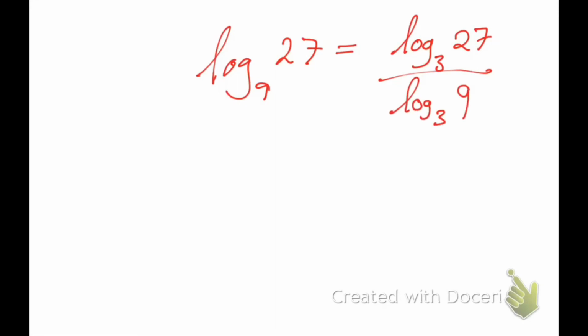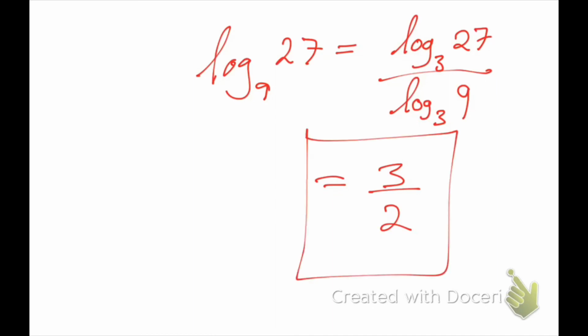Whatever you change the base to, make sure you have the same for both the top and the bottom. The reason I chose 3 is because you can write 3 raised to a power to equal 27, and 3 squared is 9. So 3 cubed is 27, and 3 squared is 9. And that's what you would get there.